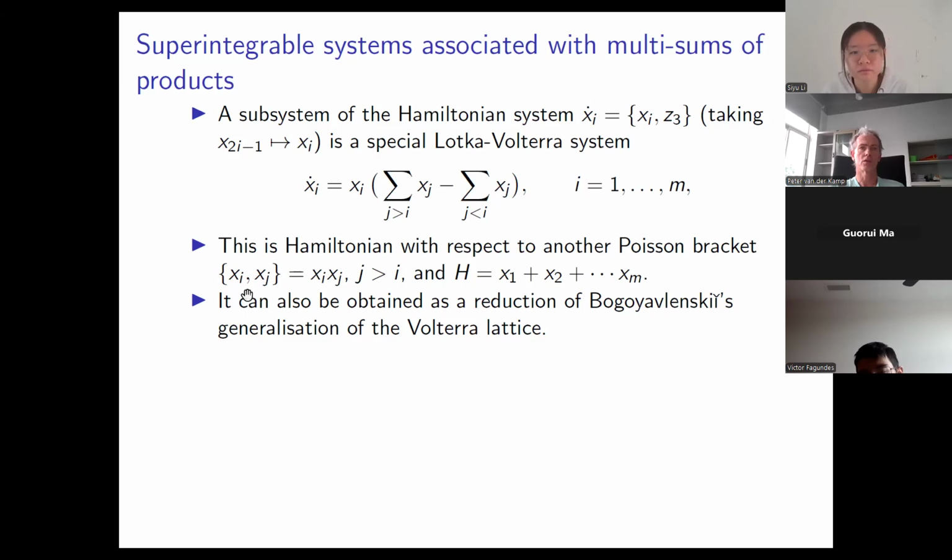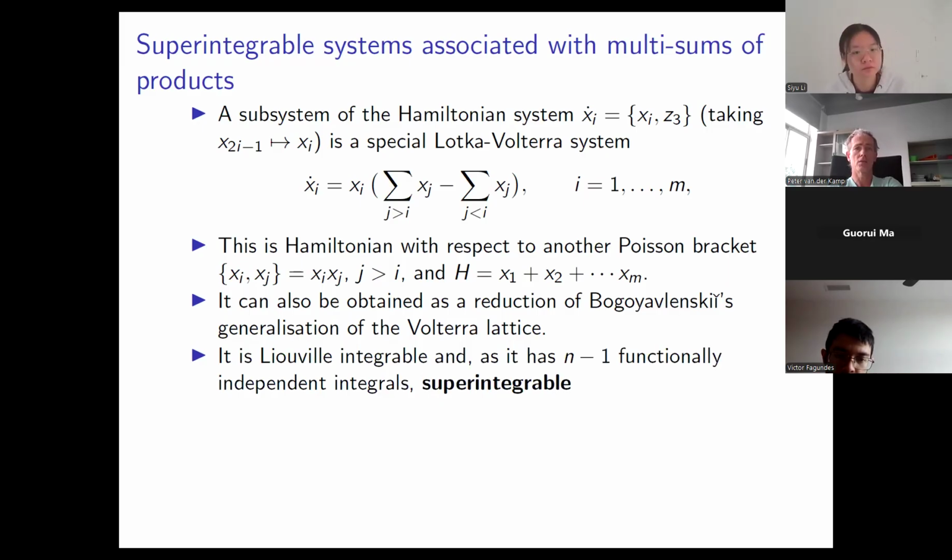Of course, if we swap i and j, with j bigger than i, you get the minus sign. And the Hamiltonian that gives rise to this special Lotka-Volterra system is just the sum of the variables. This is not a new system. We found that this system existed in the literature, in a paper by Bobby Jawlensky, but it's a special kind of reduction of that system.